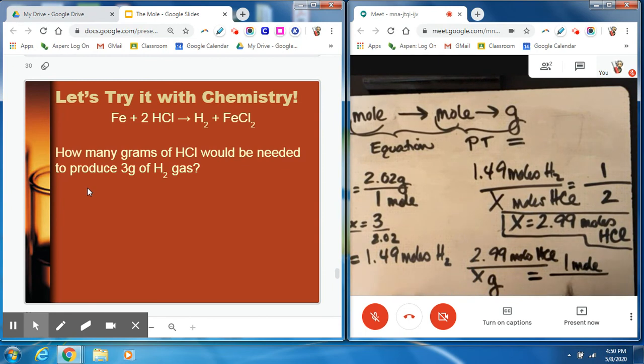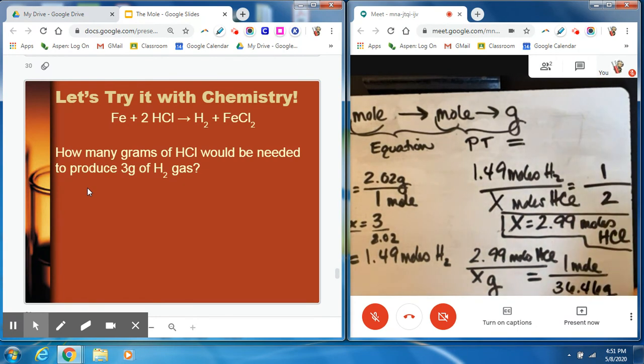From our periodic table, we know that hydrogen is 1.01. We know that chlorine is 35.45. So when you add them together, we get 36.46 grams in every 1 mole.